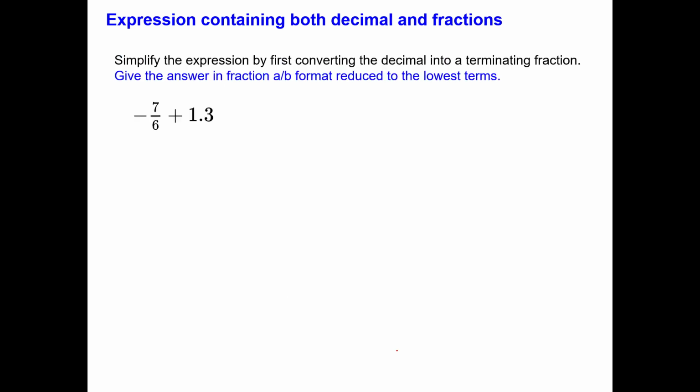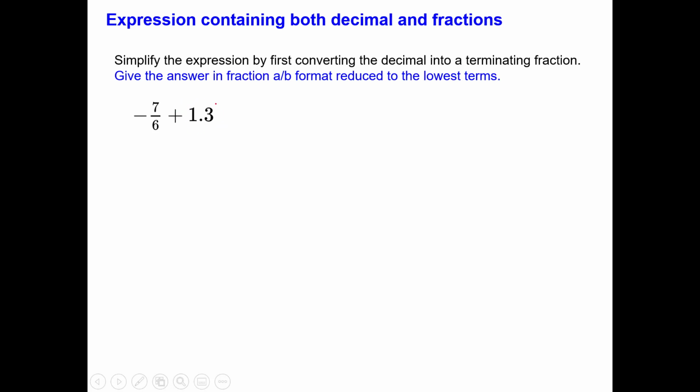Now, this is the problem, and we have to simplify this expression. We need to read carefully what they are asking in the problem. Then simplify the expression by first converting the decimal into a terminating fraction. And we need to simplify the expression converting this decimal into the fraction.